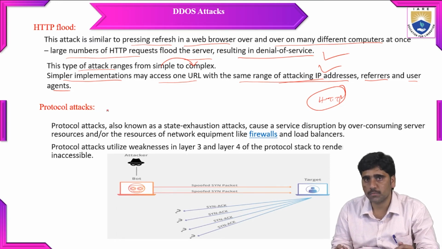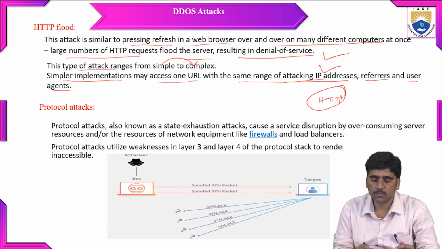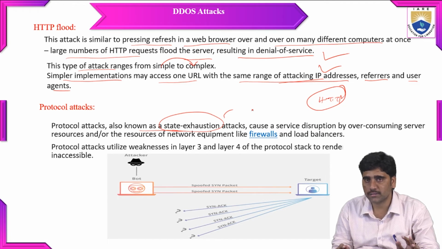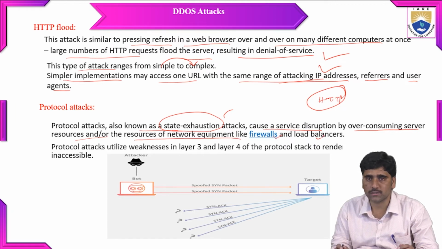Protocol attacks. Protocol attacks are also known as state exhaustion attacks. They cause a service disruption by over-consuming server resources and the resources of network equipment like firewalls and load balancers.